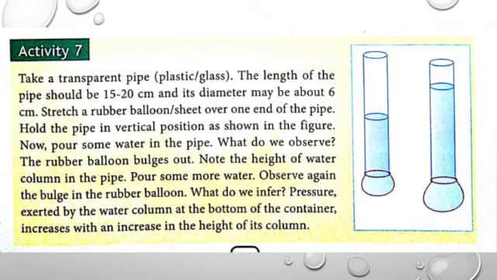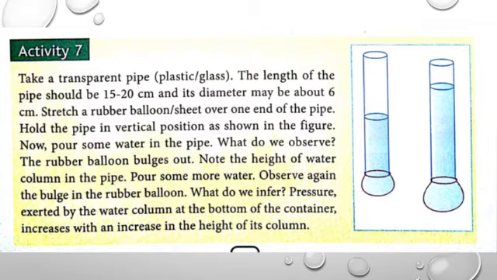Now we will study another liquid pressure property, that the pressure exerted by a liquid column at the bottom of a container increases with an increase in the height of its column.